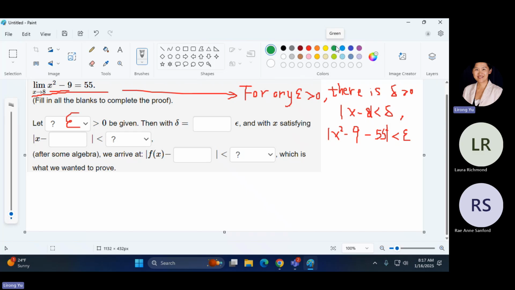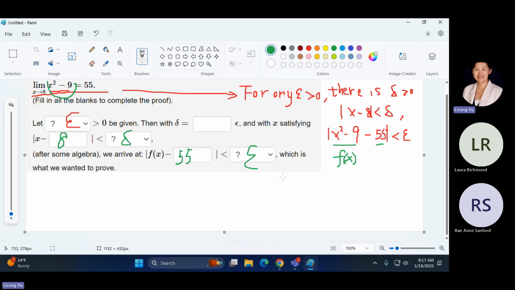So for this question, the x minus 8 is supposed to be there, and this is supposed to be the delta. And then f of x minus the limit value, which is 55. That one should be f of x minus 55. This is the limit value. This is our f of x, the f of x in our limit computation. All right, it's less than epsilon. That's the intended process.